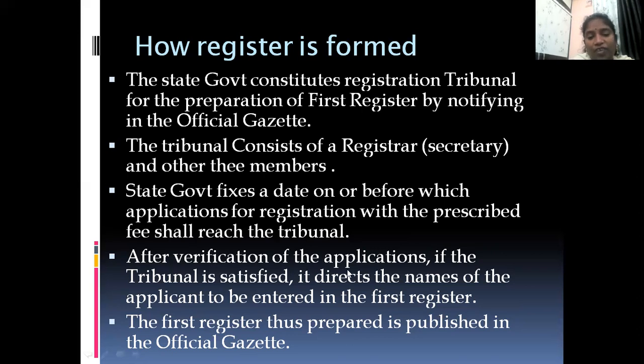Okay, after verification of this application, if the tribunal is satisfied with all the things, they will give permission to the state pharmacy council to prepare the register. So the first register is prepared and published in the official gazette. Here the gazette is nothing but the government book, so that book we call a gazette.